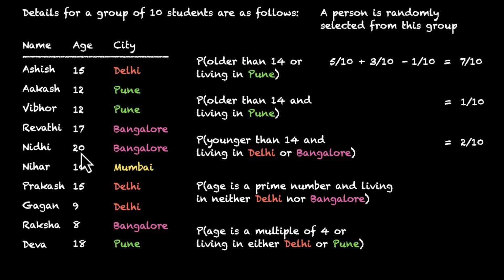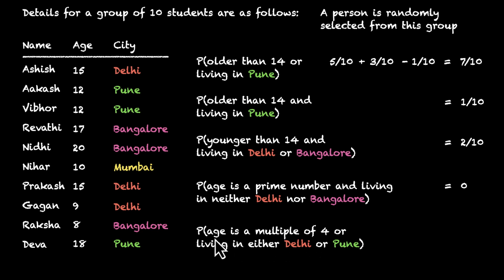No, just one. So Revati is the only possible candidate. 17 and Bangalore. Do we want someone who's in Bangalore? No. We want someone whose age is a prime number and they're living in neither Delhi nor Bangalore. So we have to exclude Revati as well, which means we have no possible candidate, which means this event will never happen. The probability of this happening is 0.